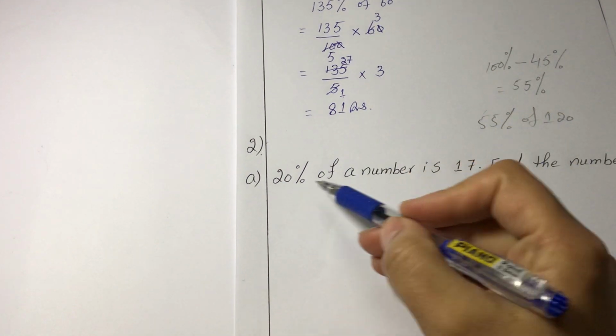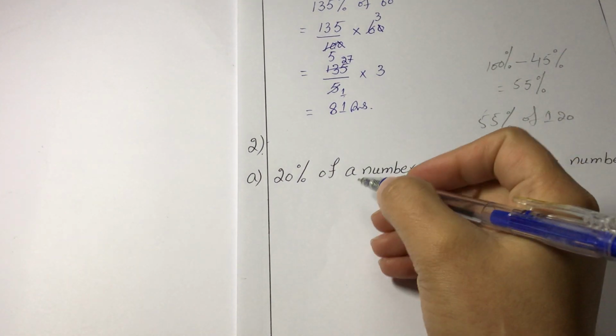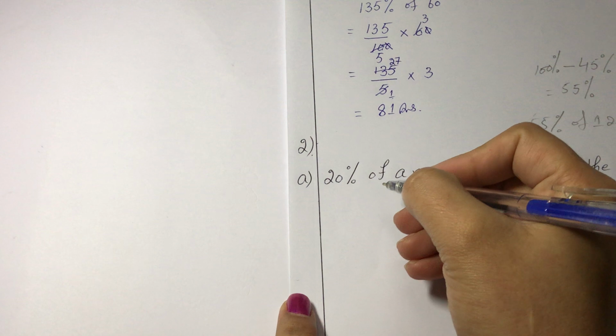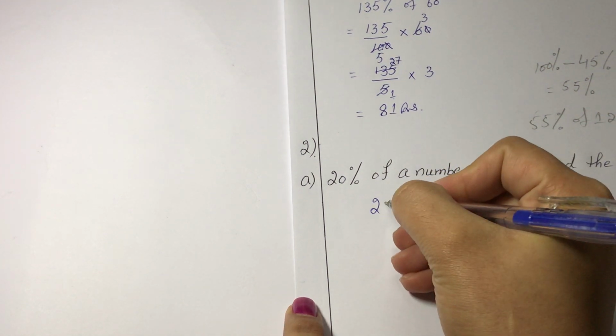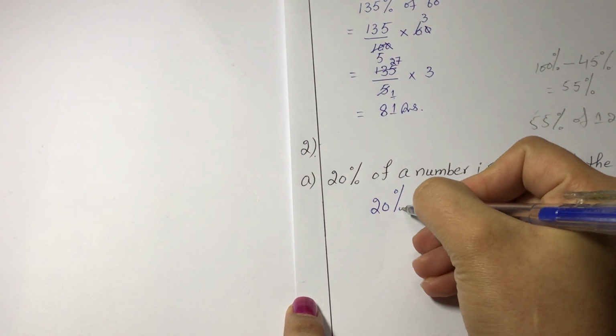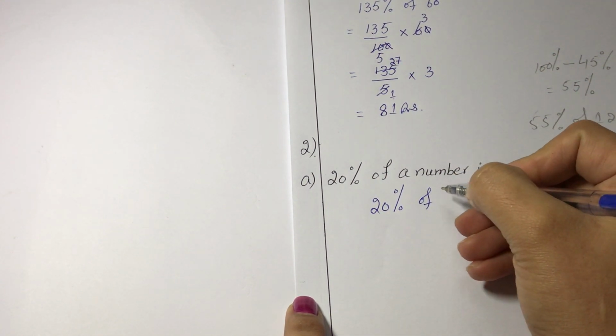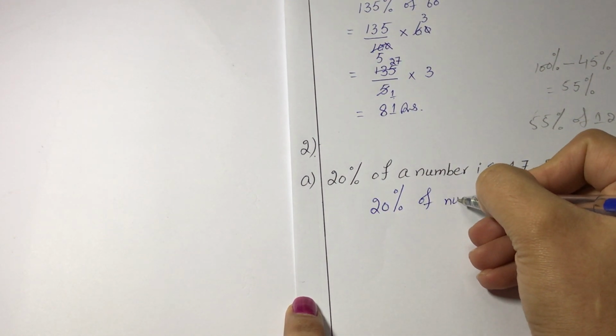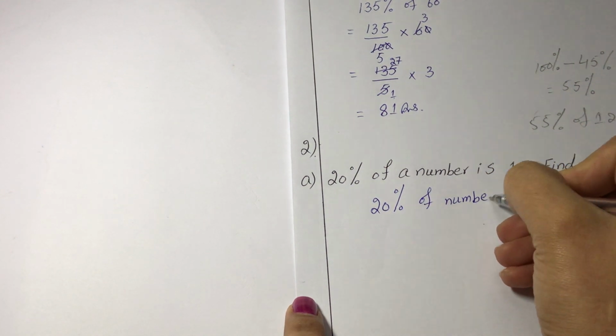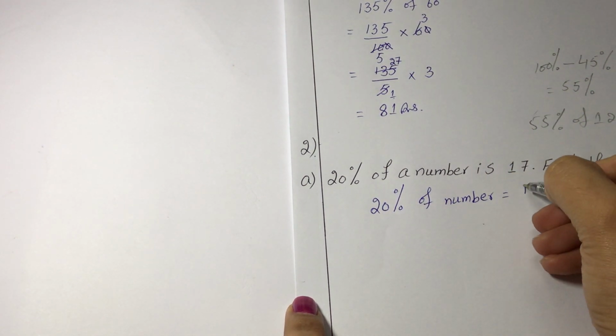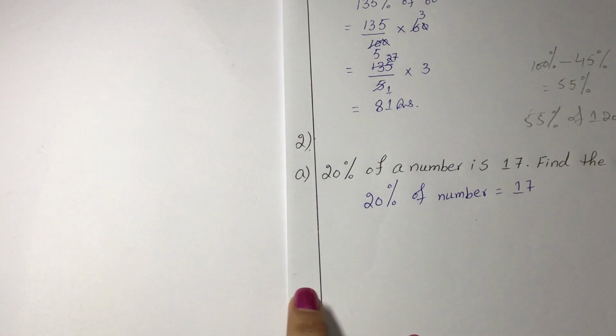You can see 20% of a number is 17. So first I'll write 20% of the number, that is 17.